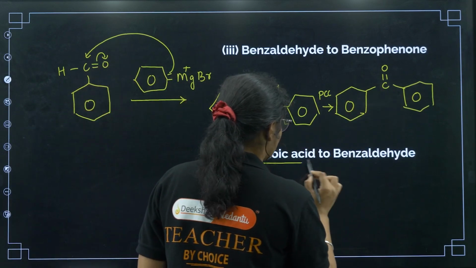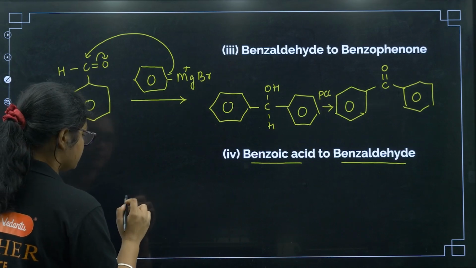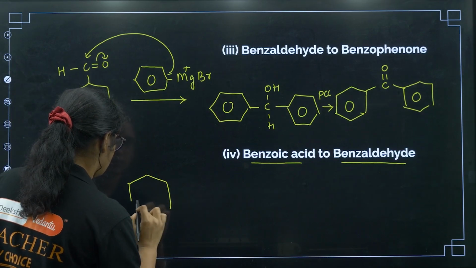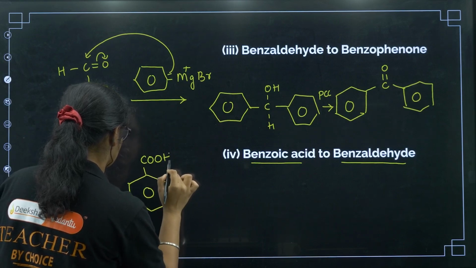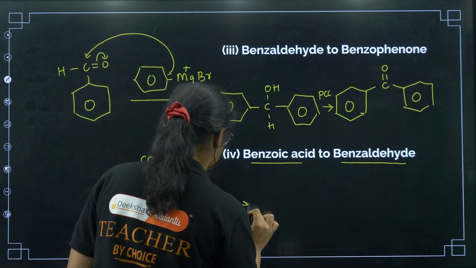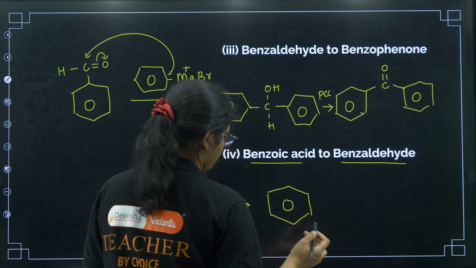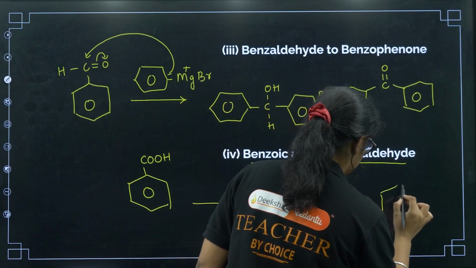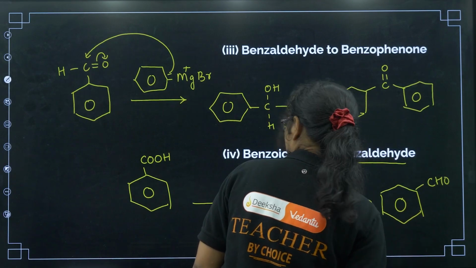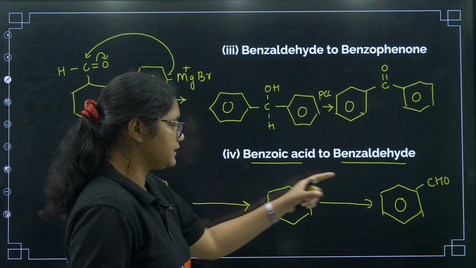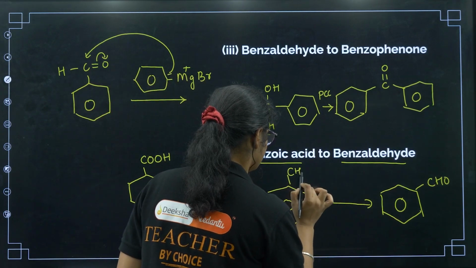Next we have benzoic acid to benzaldehyde. If I reduce this directly, we will get benzyl alcohol, CH2OH.